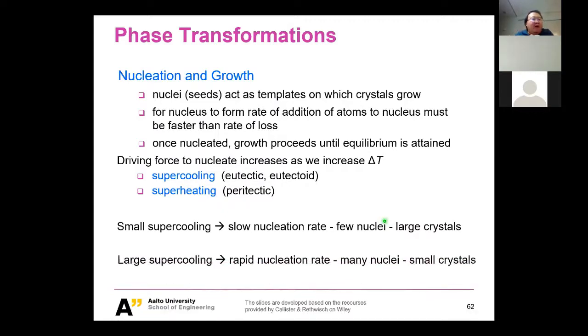Of course, if you're applying a large supercooling, if you just cool it very quickly, you will have a rapid nucleation rate, and that will create many nuclei, and that will lead to small crystals. If you just remember the difference between small and large in terms of mechanical property, you will see what you will need.